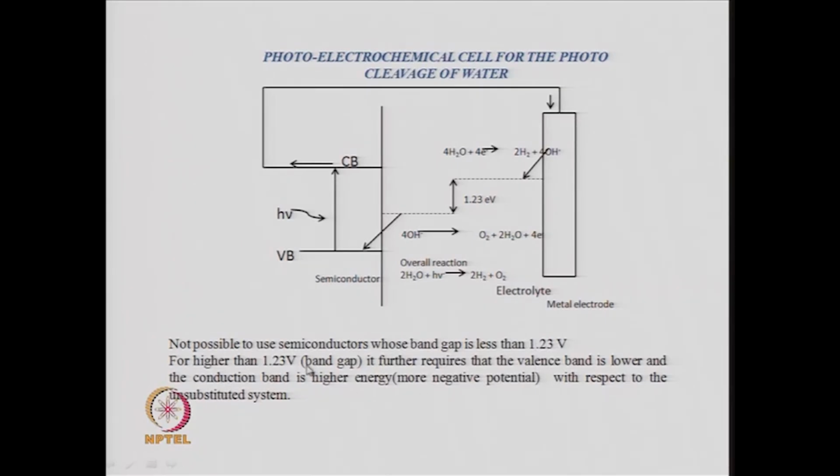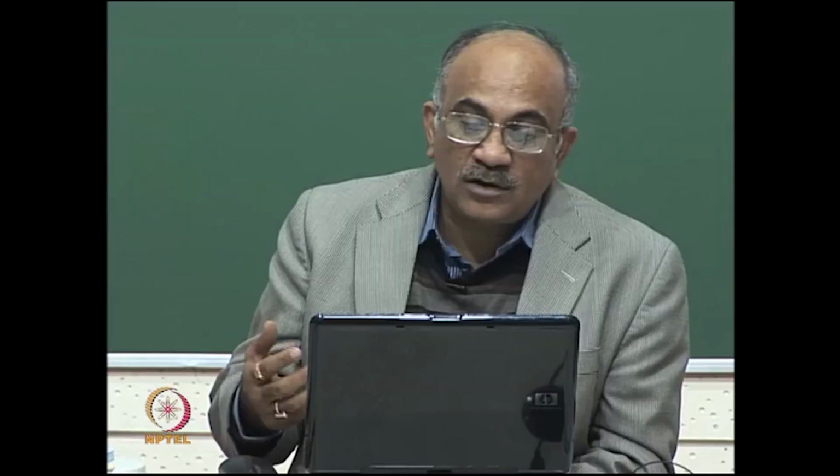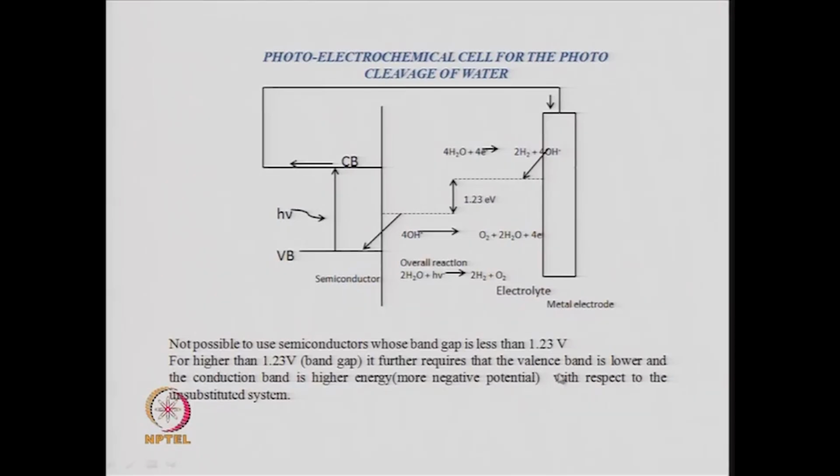For all semiconductors with a band gap higher than 1.23 volt, there is an additional point which one must consider: the valence band is lower than the valence band of the couple, and the conduction band of the semiconductor is much higher, which means a more negative potential. As you go up, you get a more negative potential, and it should be much more negative than the conduction band of the couple, which is the unsubstituted system.